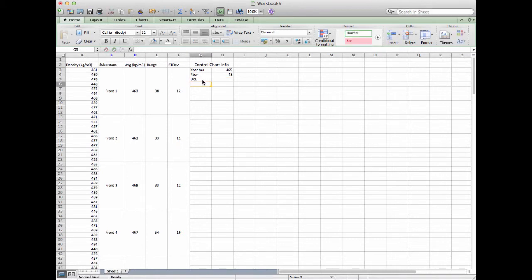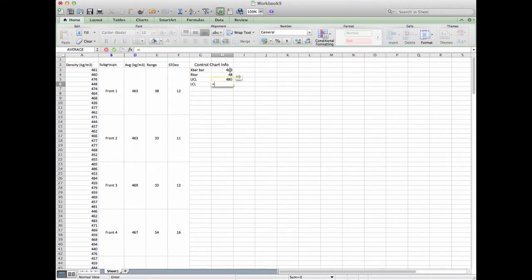Now my upper control limit and my lower control limit are simply x bar plus or minus R bar times A2. In this case, I have a sample size of 10. My A2 value from my appendix is 0.308. So my upper control limit is 479, or rounded over to 480.